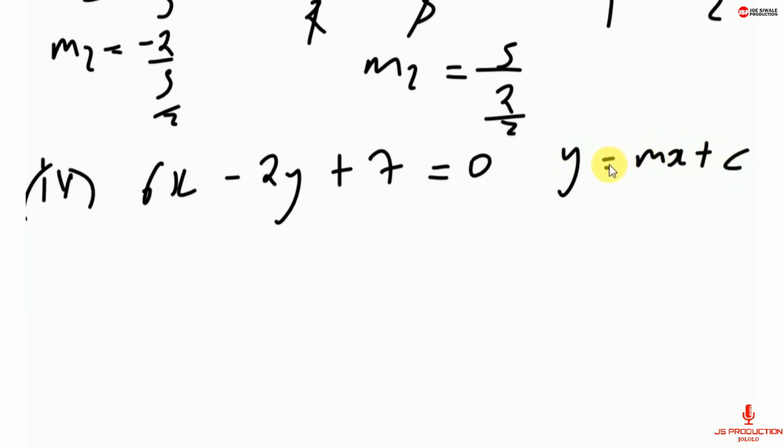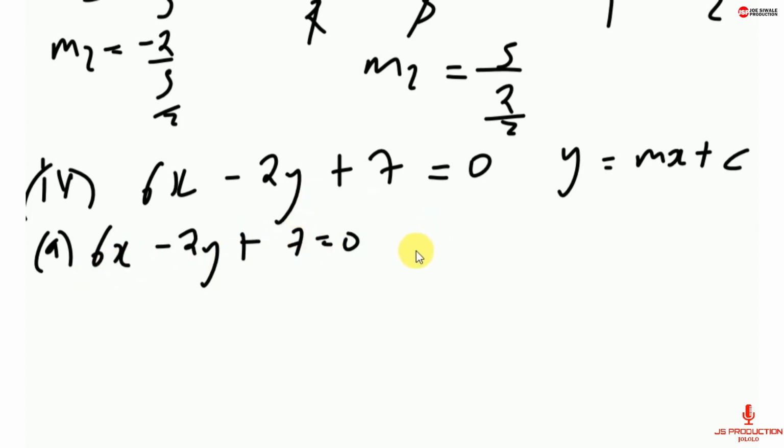So the first thing we're supposed to do is to change this equation into the standard form. So that's going to be our A, calculating the gradient of a parallel line. So 6x minus 2y plus 7 is equal to 0, and we are going to transfer 6x and 7 to the other side of the equation.